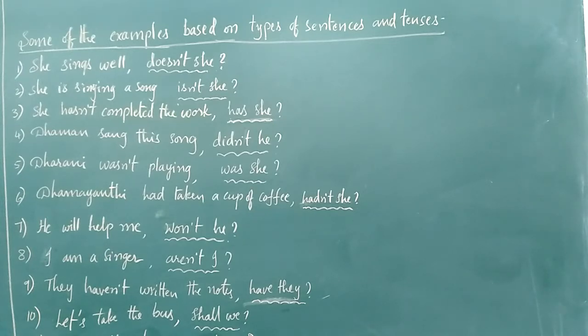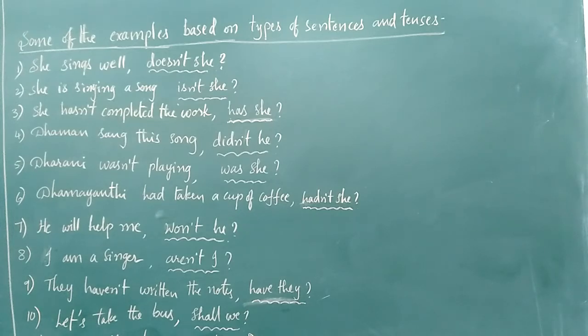And second sentence, if you observe, she is singing a song. It is in present continuous tense. That's why we see a helping verb there, that is. With the same helping verb, the question tag starts. Isn't she? And one more important thing you have to consider here, the given statement is a positive sentence. That's why the question tag is negative.